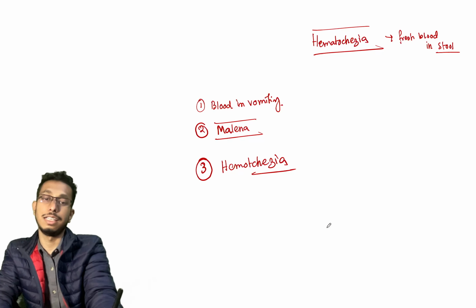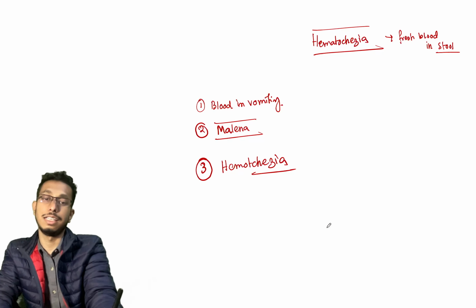Before that, you need to know what is known as severe GI bleed. Severe upper GI bleed means the bleed is so much that it leads to shock, or causes a drop in the hematocrit or a drop in the hemoglobin value.